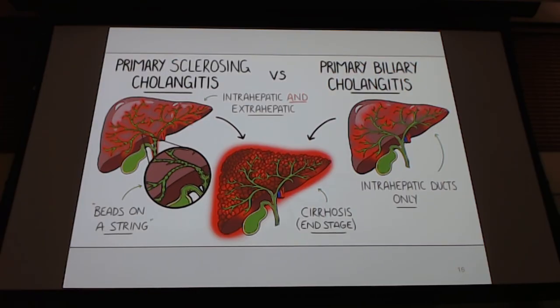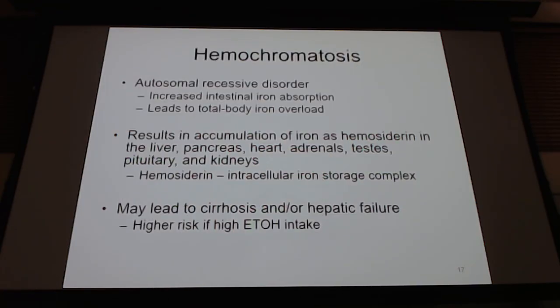So, no fun. We talked about hemochromatosis already. Again, increased iron absorption. This is a genetic disease, so it's typically found through parents. That's why we ask about family history. If a mother or father had hemochromatosis, there's a high chance that the kiddo can have that as well.